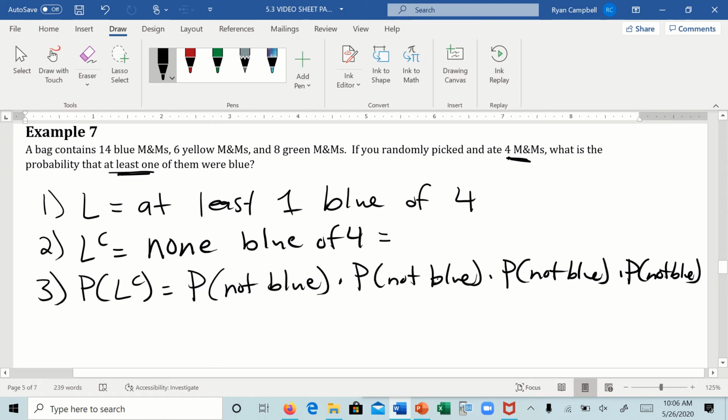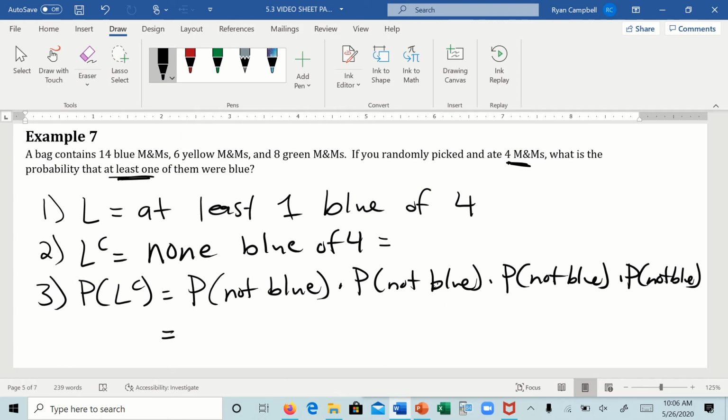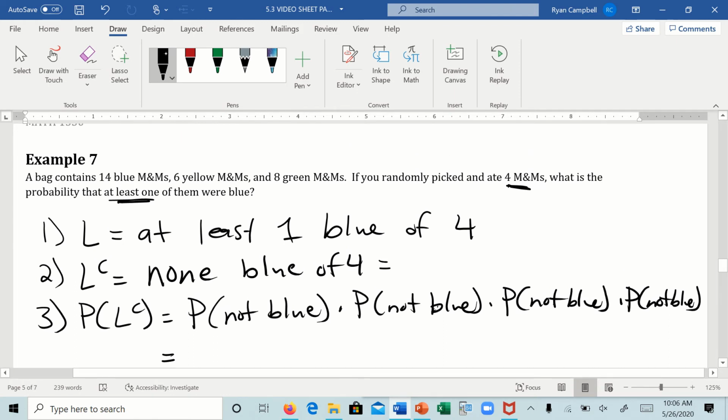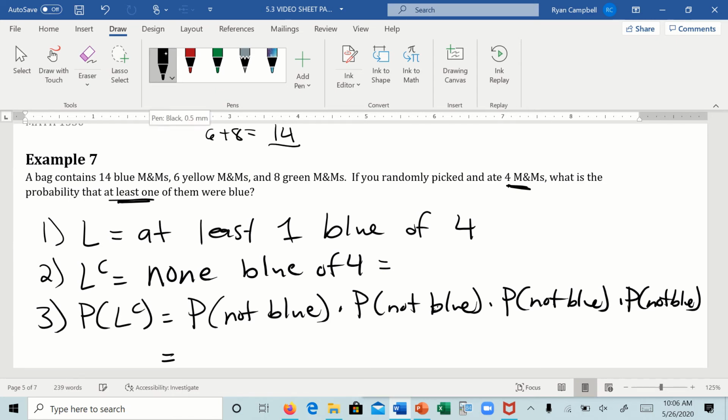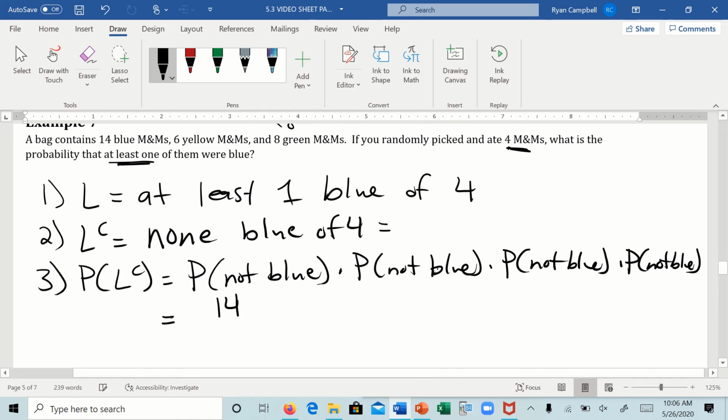All right. So what is the probability of not getting a blue one? Well, you would either be getting a yellow M&M or a green M&M. How many of those are there? If we add those together, we would be getting 14 out of, if we add them all together, 28. So there are 14 M&Ms that are not blue out of a total of 28.